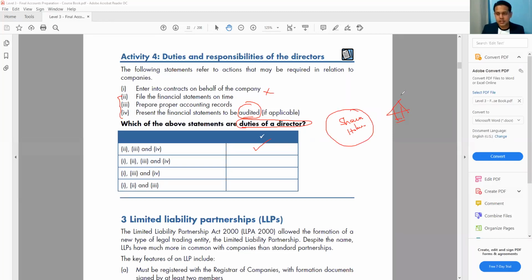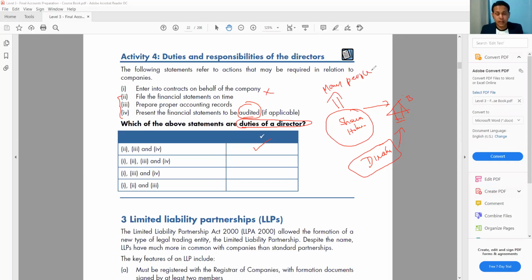This is the business. And we have the directors, who are the full-time employees of the business, who run this business. And the shareholders can be a lot of people, many people.